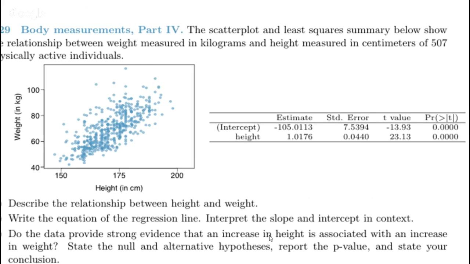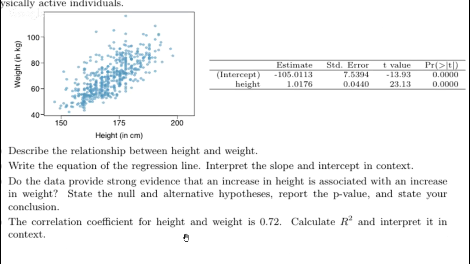P-value less than 0.0001. The conclusion is that there is a positive relationship between height and weight. And finally, the correlation coefficient for height and weight here is 0.72.